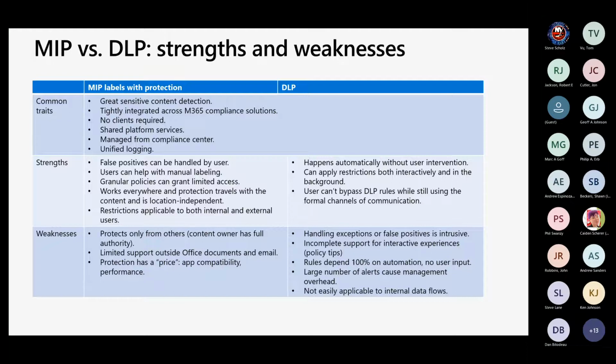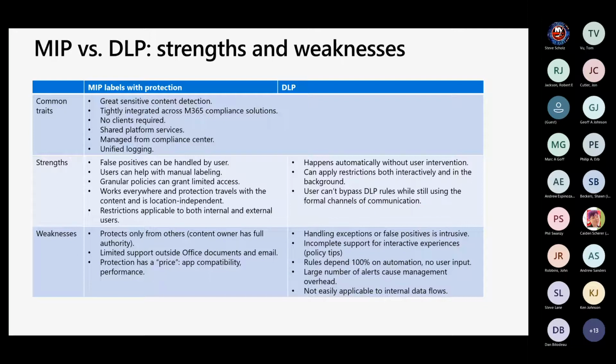So if so-and-so decides to send an email that has social security numbers to your competitor or some form of a company where you shouldn't be sending that data, you can have the system automatically block that email from being sent or do certain activities or actions to prevent that data from being lost. That is done automatically and based off of that configuration. So it's without the user intervention, the admin sets that up.